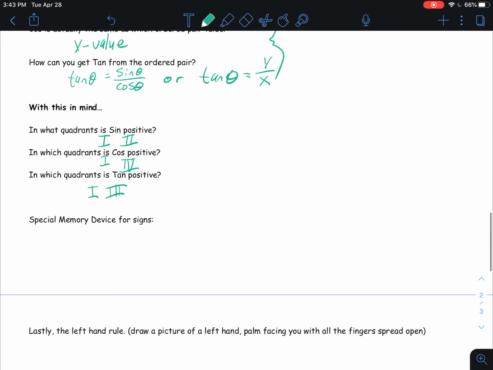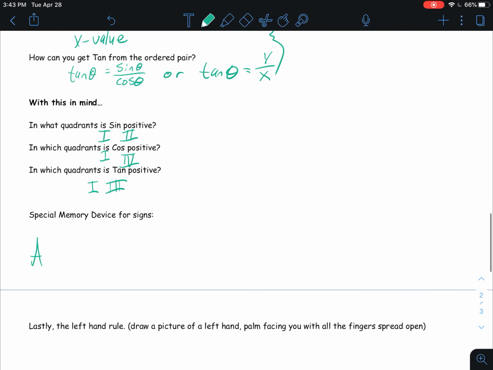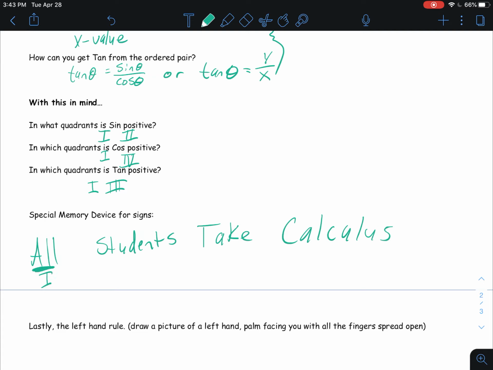The special memory device for this is a couple different things. My preferred memory device is: All Students Take Calculus. So this is the first quadrant, all of them are positive.